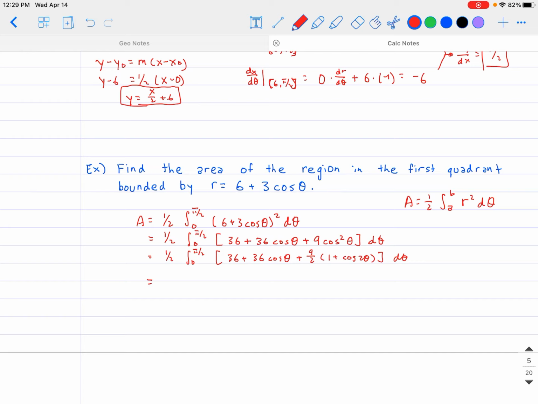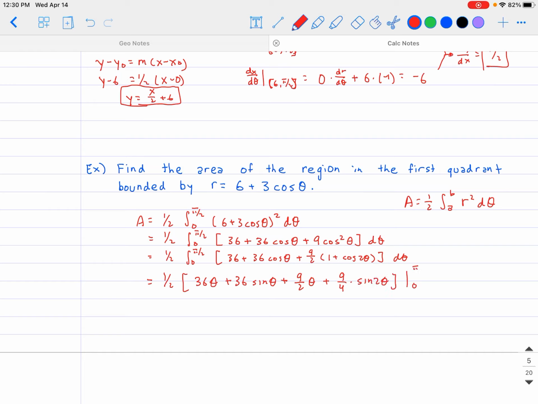So it's equal to 1/2 multiplied by, let's integrate, 36 theta plus 36 sine of theta, plus 9 over 2 theta, plus 9 over 4 times the sine of 2 theta.